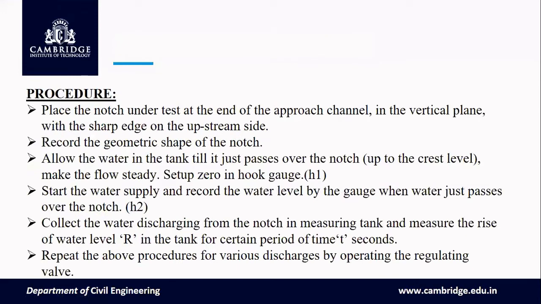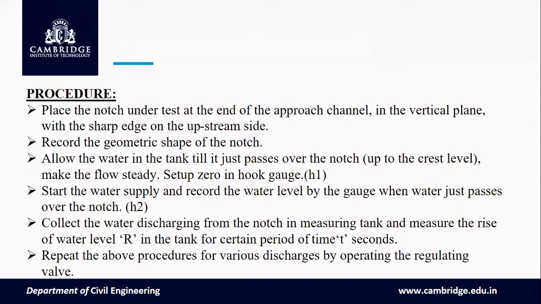Then coming to the procedure. During the conduct of the experiment, you follow certain steps. First step: place the notch under test at the end of the approach channel in the vertical plane with a sharp edge on the upstream side.